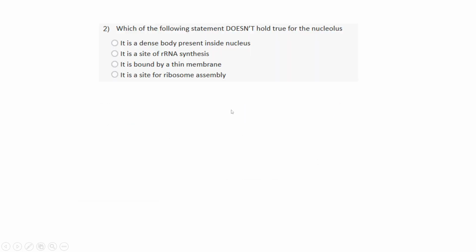So now the second question: which of the following statements doesn't hold true for the nucleolus? Does anyone know what the nucleolus is? It is present inside the nucleus, a site for ribosomal RNA synthesis.